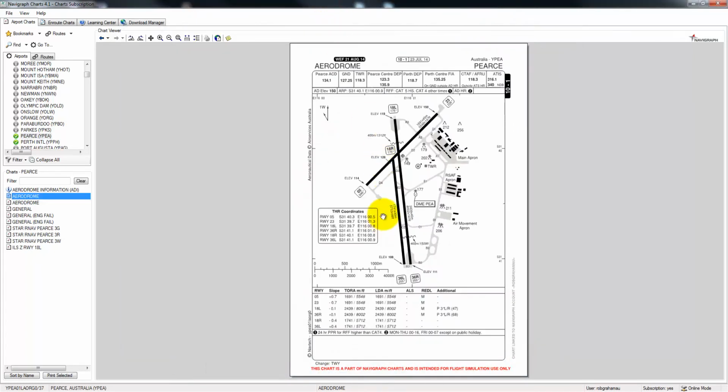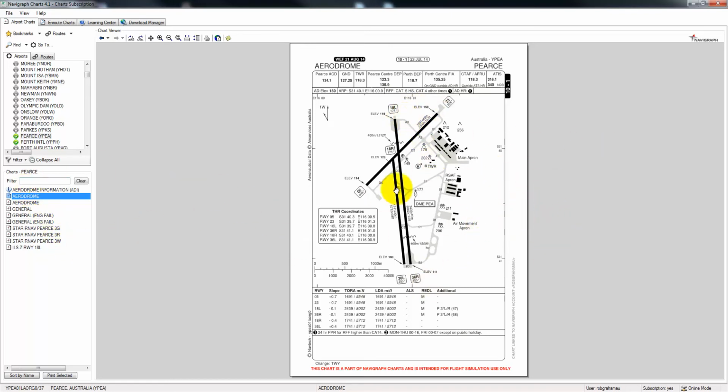Now, if we look at Pearce, the reason we're flying a right-hand pattern rather than a left-hand pattern is that all the items for the actual airbase are on the east side.